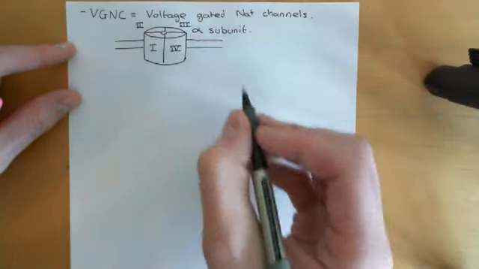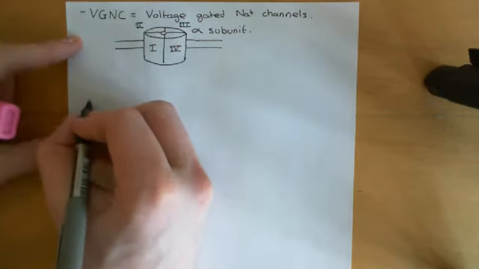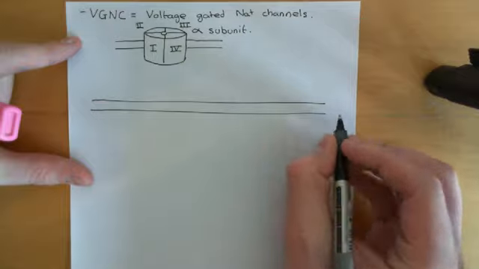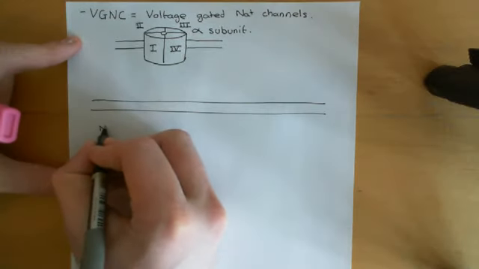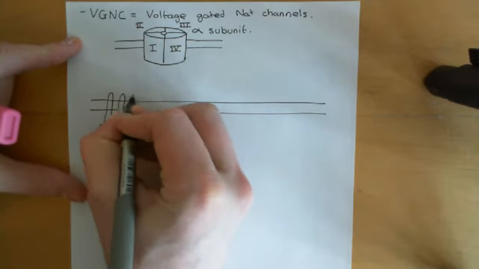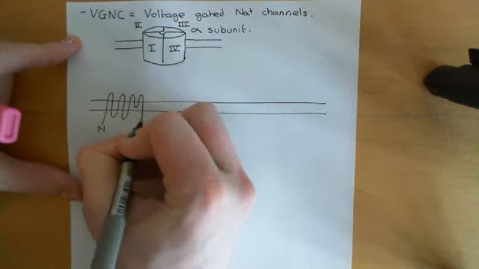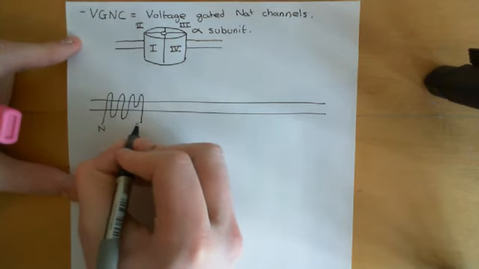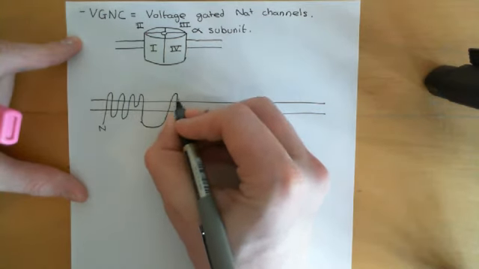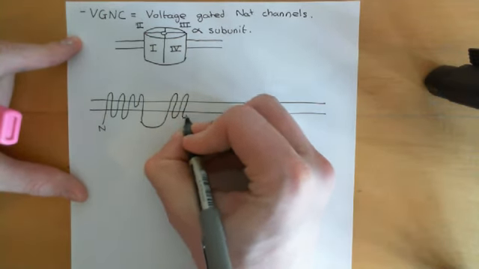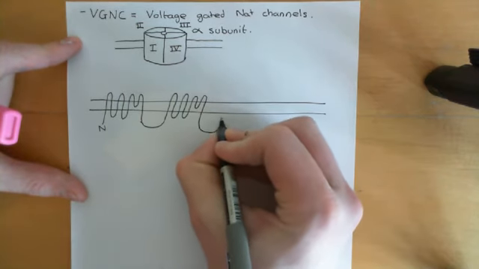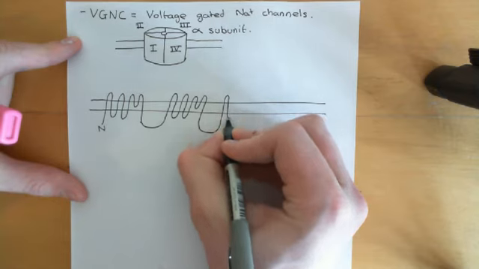Now let me show you the membrane spanning topology of this gigantic protein, and I'll show you how it can be split into these 4 different domains. We'll start with the amino terminus here, and then here comes the first domain, which you will notice is just like a single subunit of a voltage-gated potassium channel, and then it's linked by this loop into the second domain, which again is just like a single subunit of a voltage-gated potassium channel.